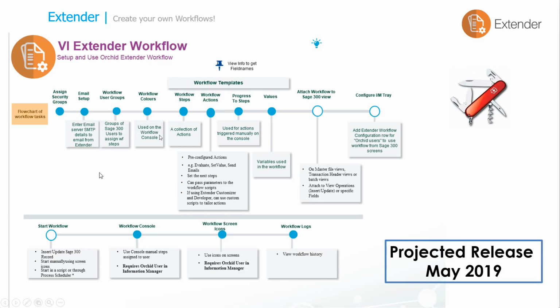And then we focus on our workflow templates. So steps made up of various actions, steps that a workflow can progress to manually, and then values, variables that are used in the workflow. Then we attach this workflow to a Sage 300 view and/or a Sage 300 screen so that icons are added to the screens.